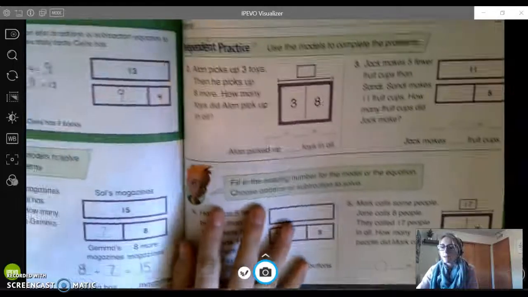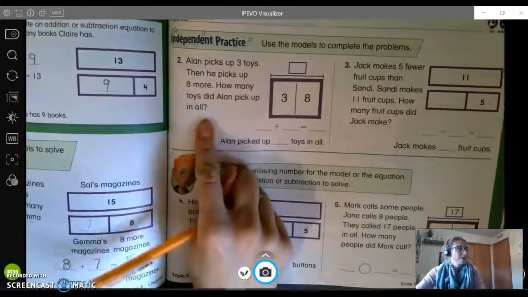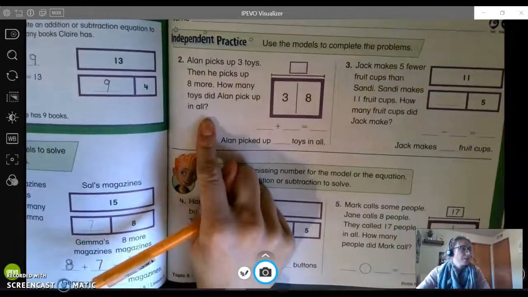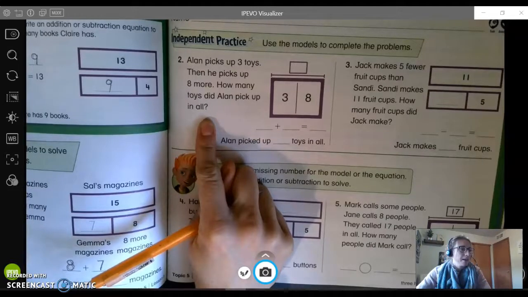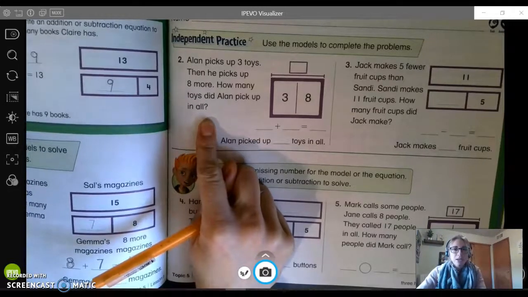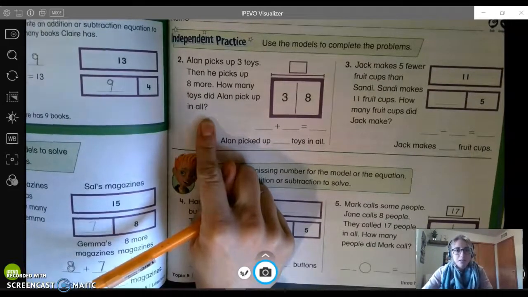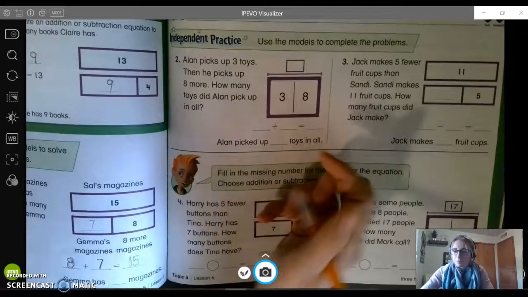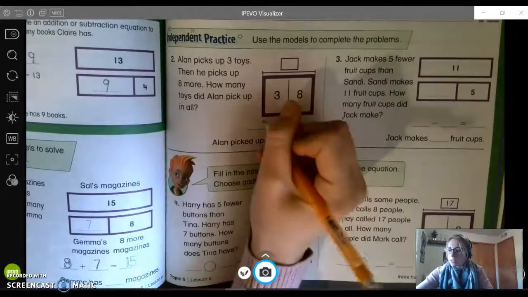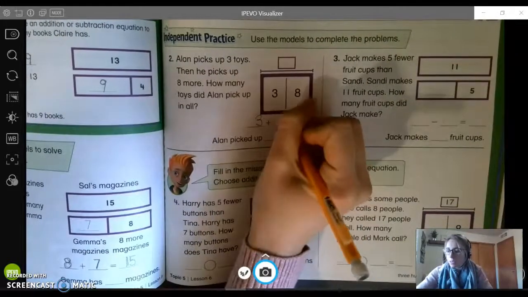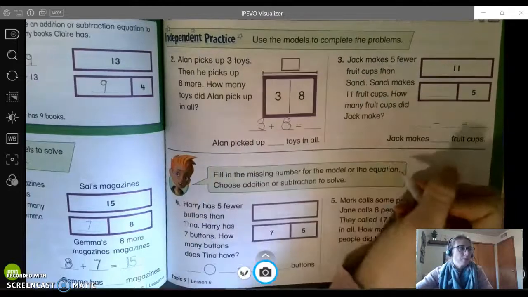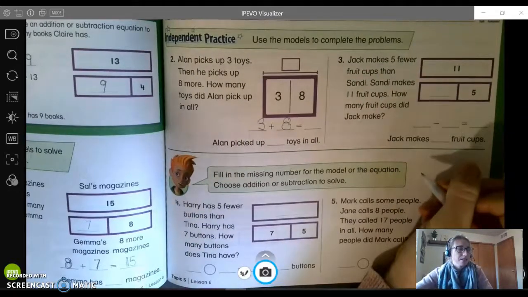So when we flip back, our first question says, Alan picks up 3 toys. Then he picks up 8 more. How many did he pick up in all? So in all tells us that we are going to do addition. So 3 plus 8 will be the start of my addition problem. 3 plus 8. Okay?